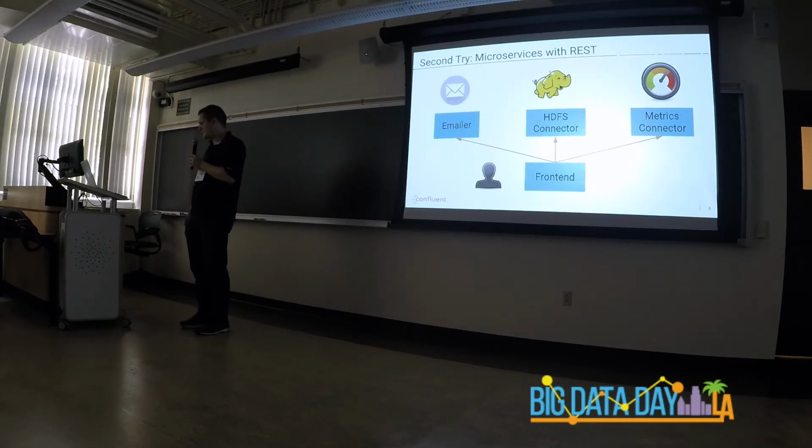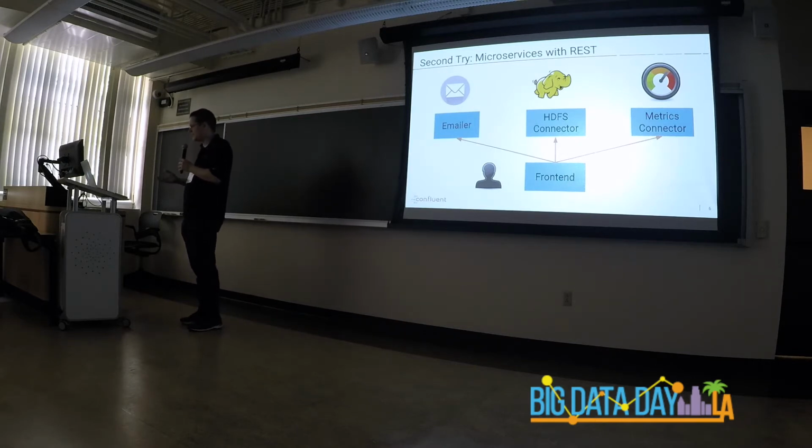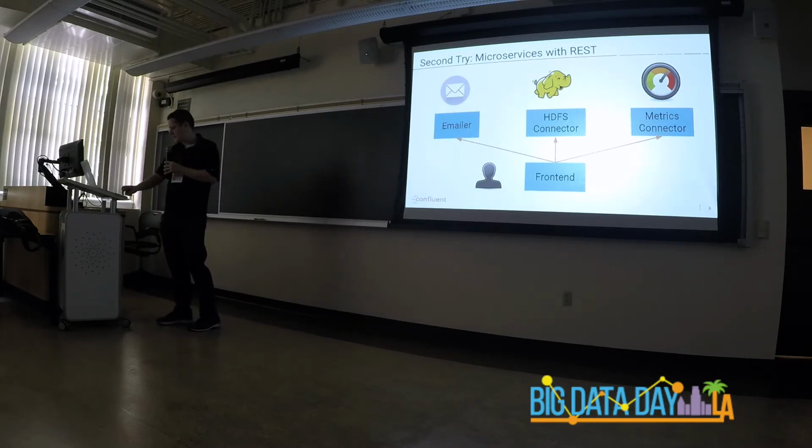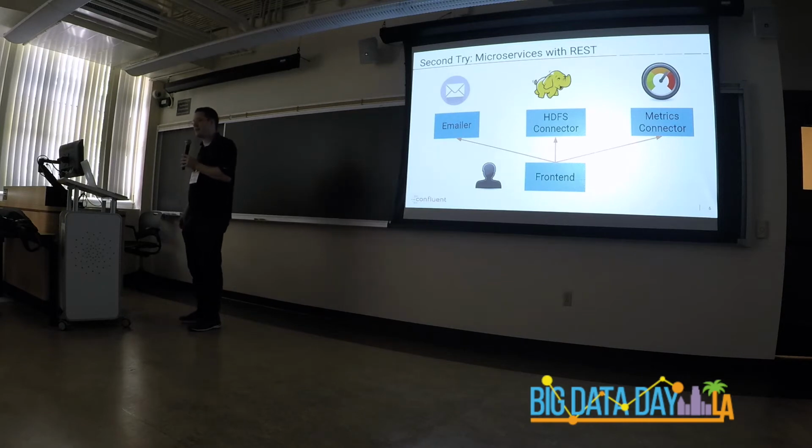We have a metrics connector that does stuff with Grafana or whatever metric service we have. It'll do that export. So this is actually a lot better because now we can upgrade HDFS and also upgrade its client without bringing down the front end, which is really nice for our users. Now if the emailer crashes, the front end doesn't crash, so that's pretty good.